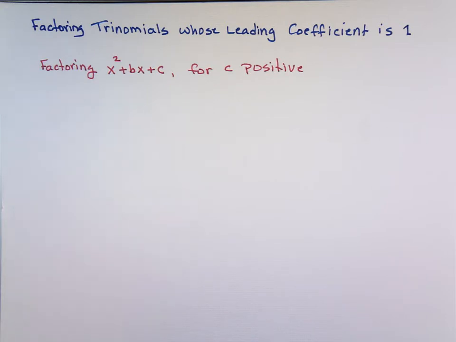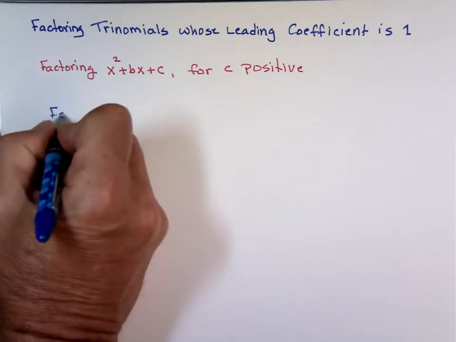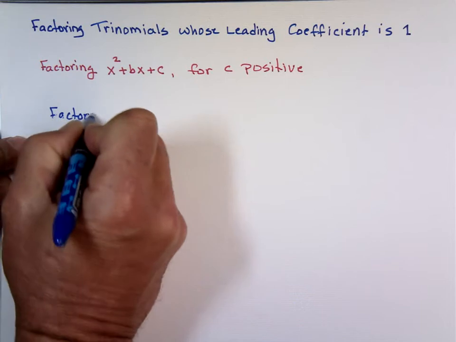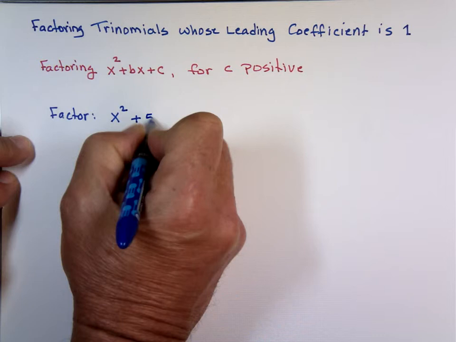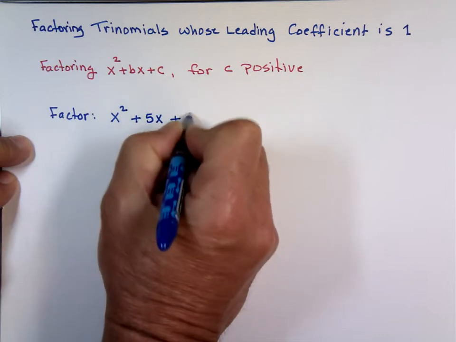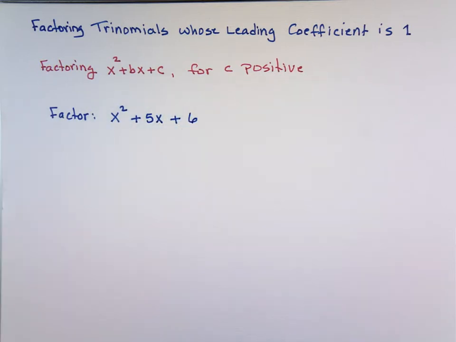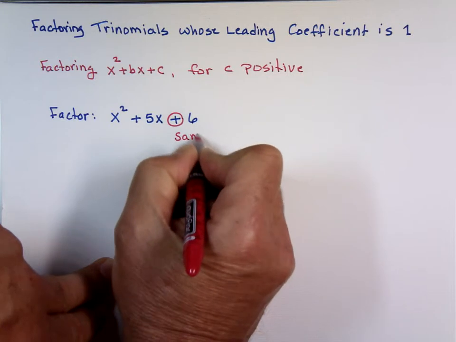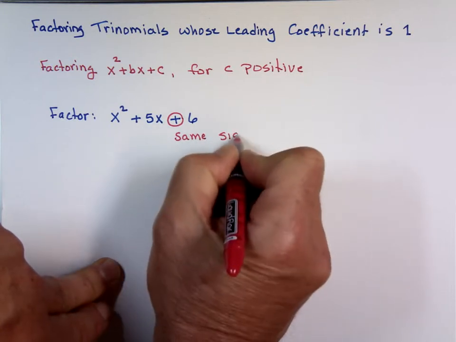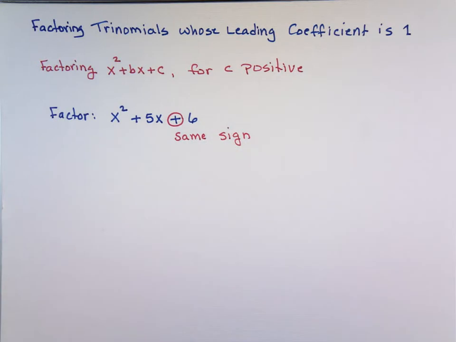So for example, if I said factor x squared plus 5x plus 6, because this one is a positive 6, that tells me we're going to have the same sign. So either both numbers are going to be positive or both numbers are going to be negative.